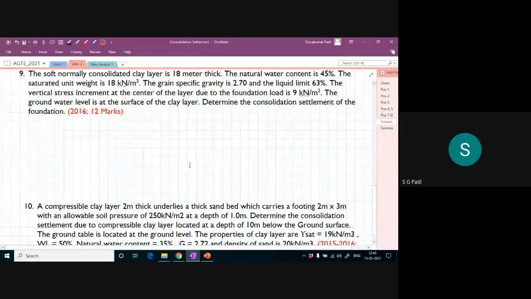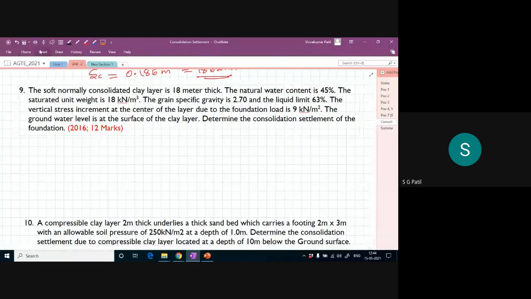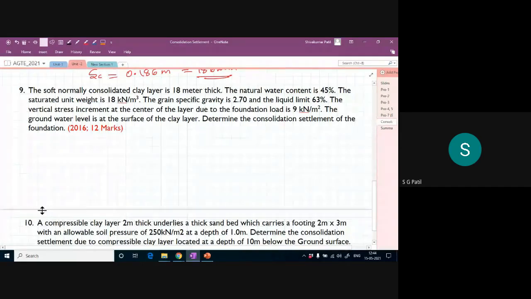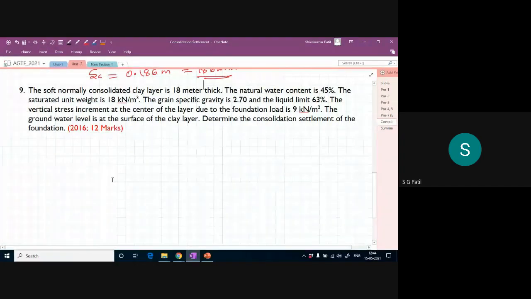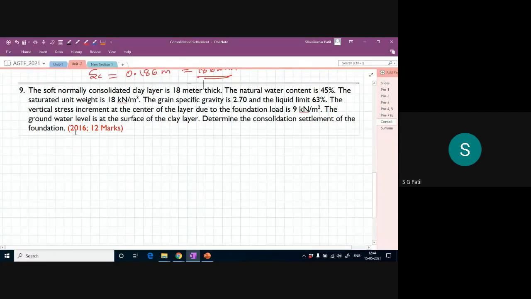So let me solve this problem. It is also from 2016, for 12 months they asked. So let me solve this one.